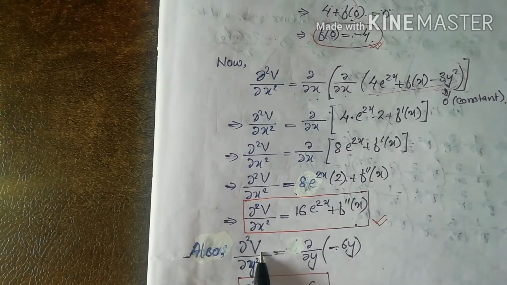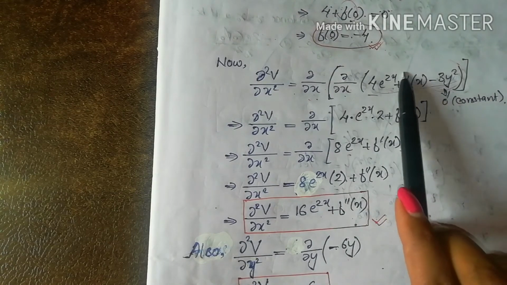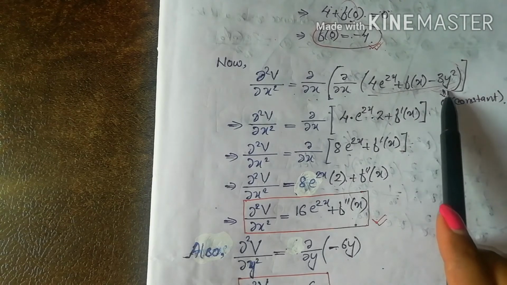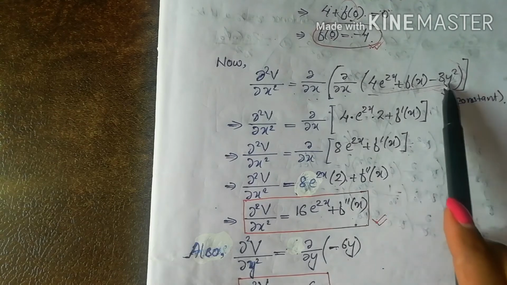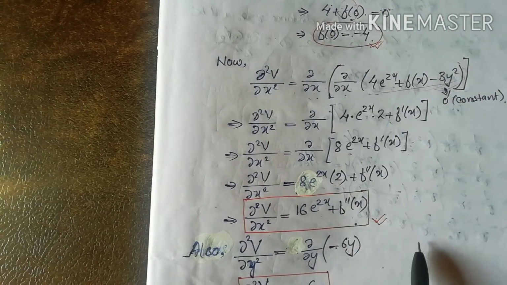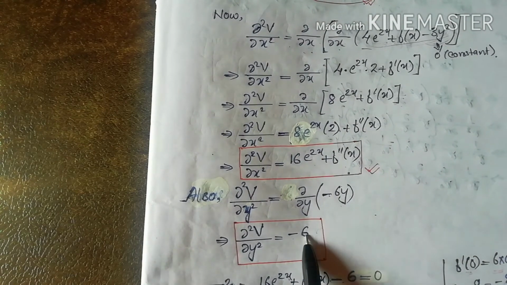Now we will find del squared V by del y squared. The terms having x are constant here, so only this term will give us del squared V by del y squared. First, differentiating minus 3y squared, we have minus 6y. Again differentiating minus 6y with respect to y, we have minus 6.